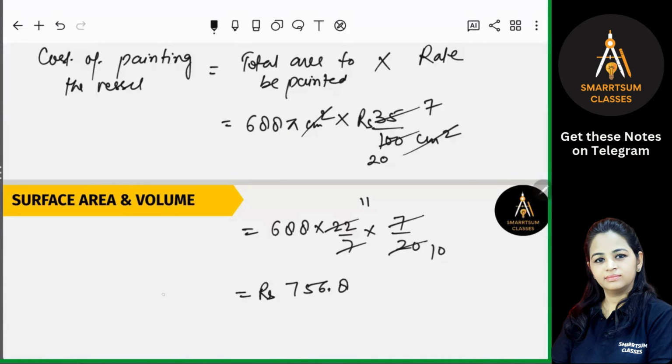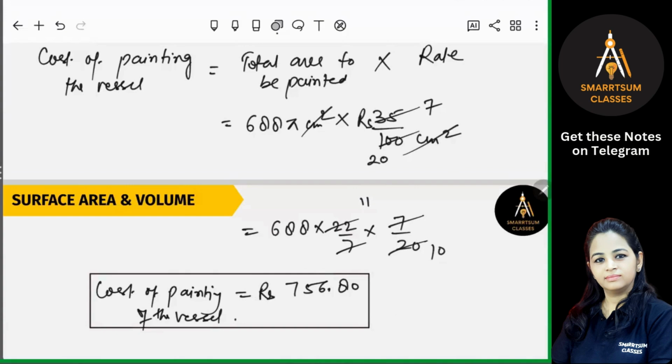So the total cost of painting the vessel is rupees 756.8, or you can say 756 rupees 80 paisa. Is that clear? This is the total cost of painting the vessel, and this is your answer. Yes, are you getting this? Please tell me.